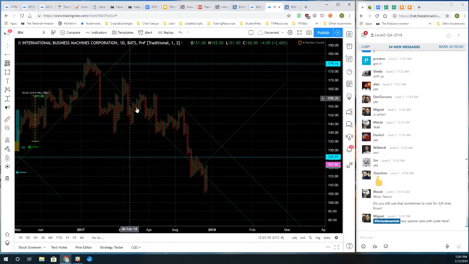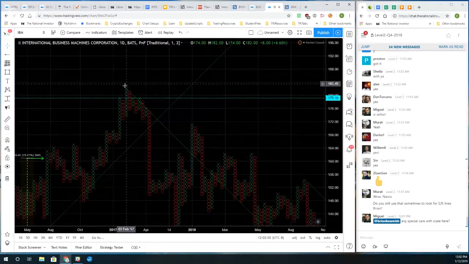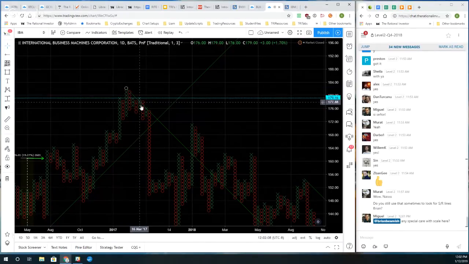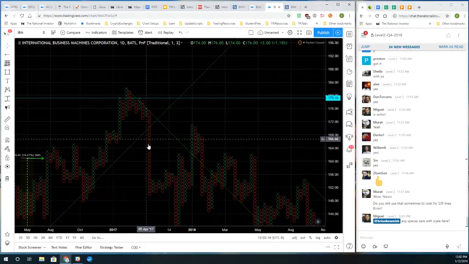You can see I've drawn these off of these peaks. Really good example right up top here. Market went up, came back down, went up, failure, up against that trend line, tried to accept above it, failure again, tried to come up against that trend line, failure again. At some point, this thing was going to dump.